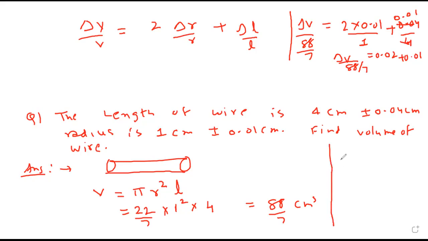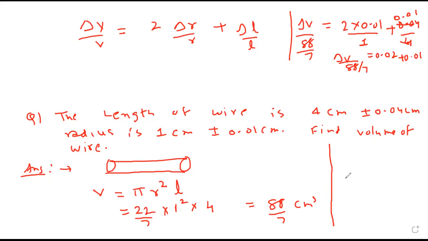See, further I have done. Therefore, delta V upon V is 88 by 7. Then 2 delta R 0.01 upon actual value 1. Same way delta L 0.04 upon 4.